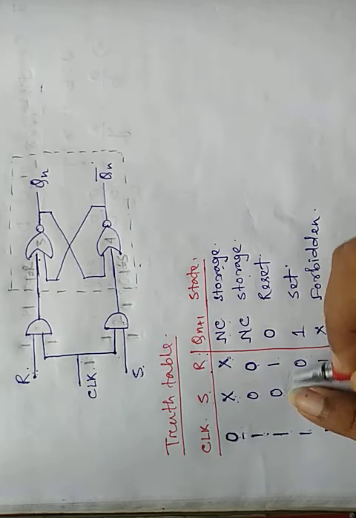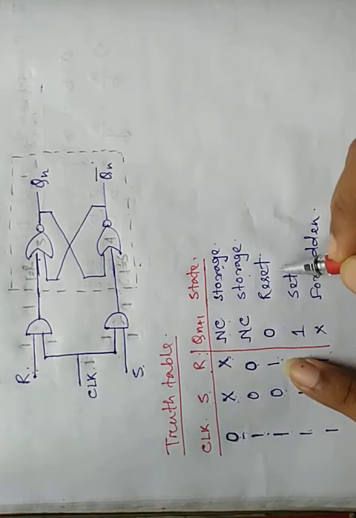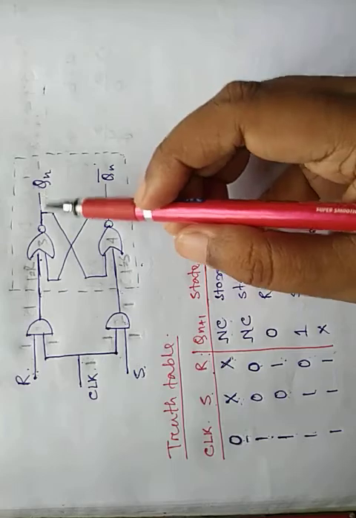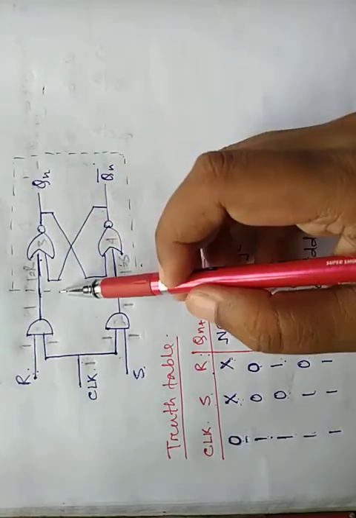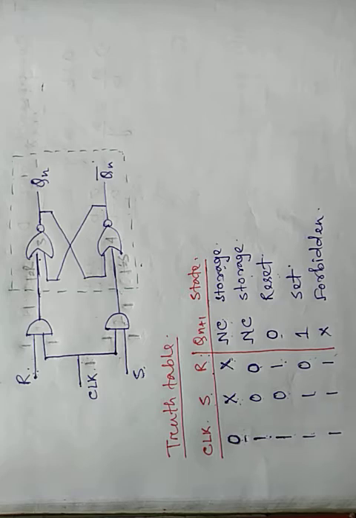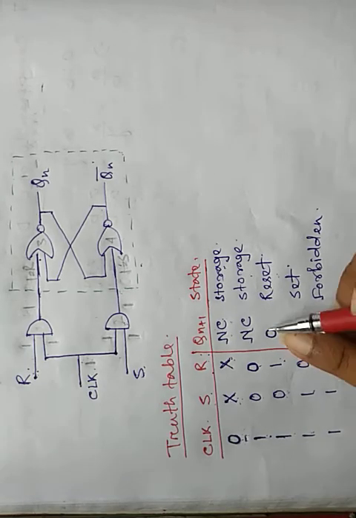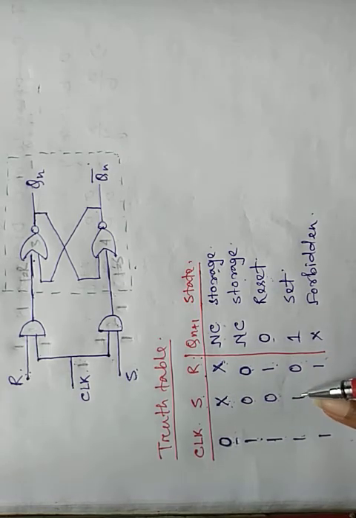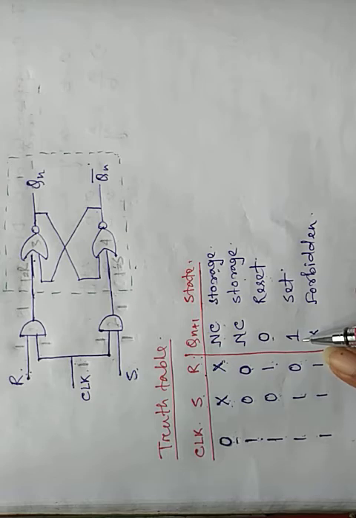When S is 0 and R is 1, it is reset. Reset means the next output state of the flip-flop will be 0. Now when S is 1 and R is 0, the flip-flop is set.